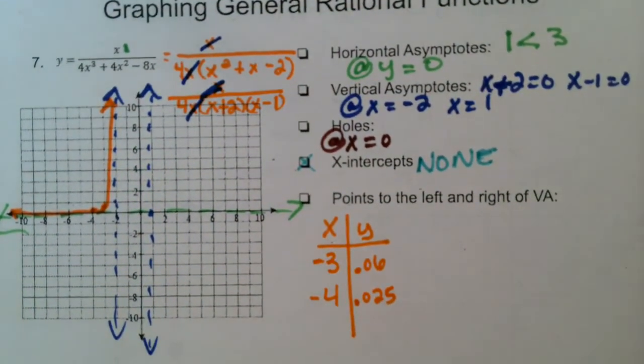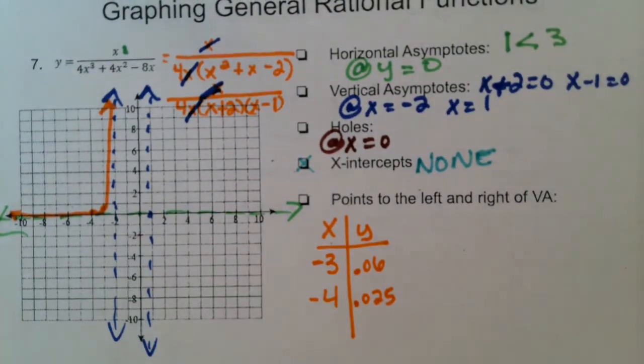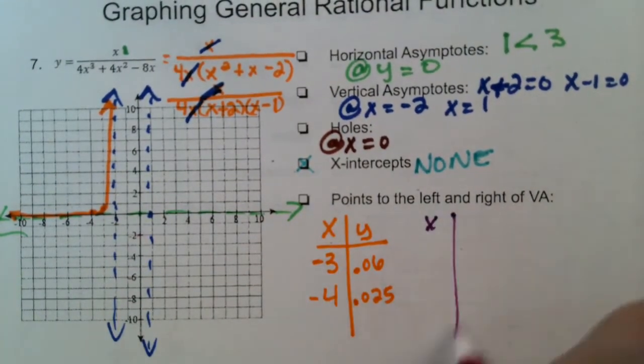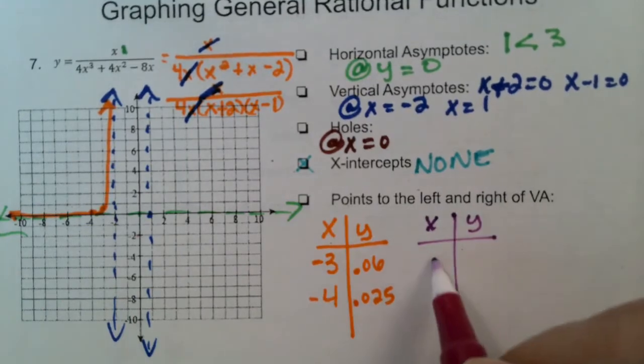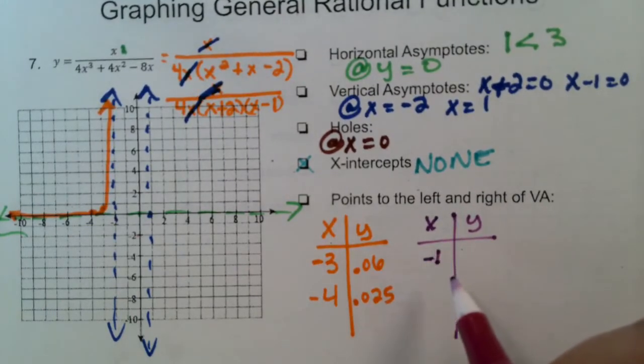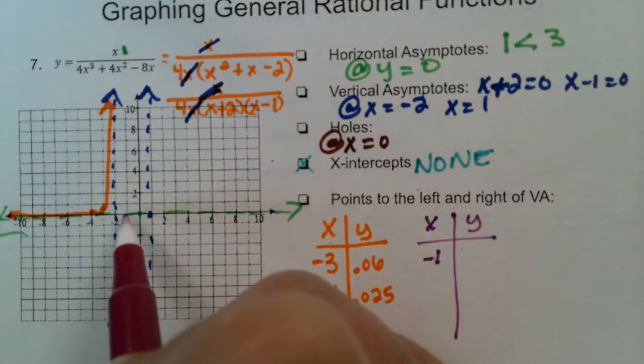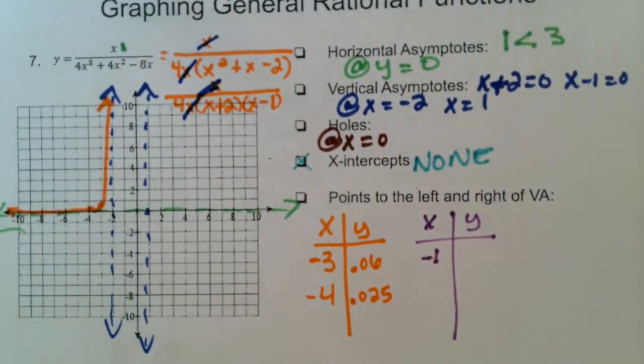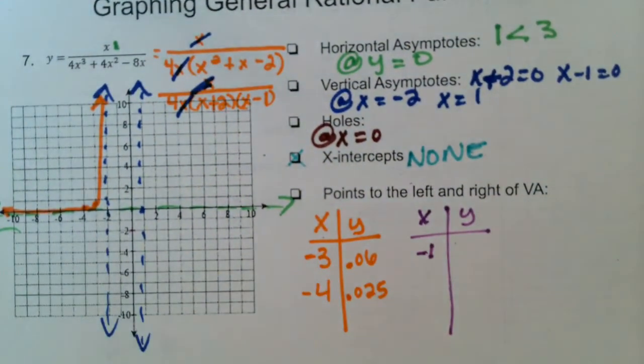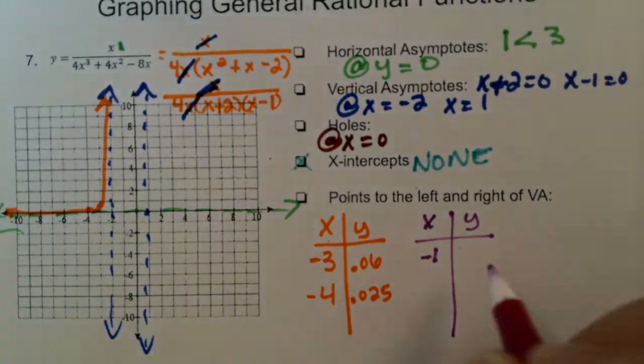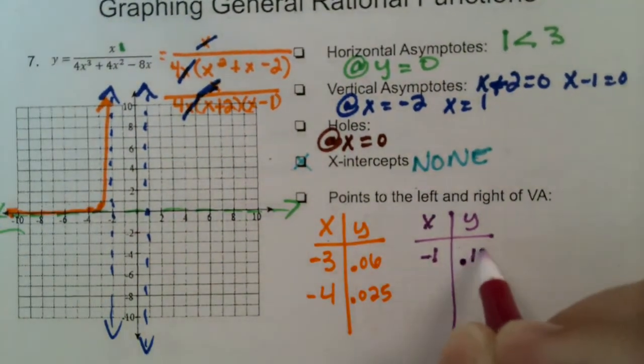For our middle section, I'm going to use -1. If I substitute -1 in, I get 0.125.